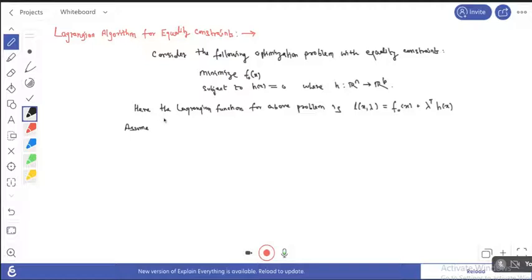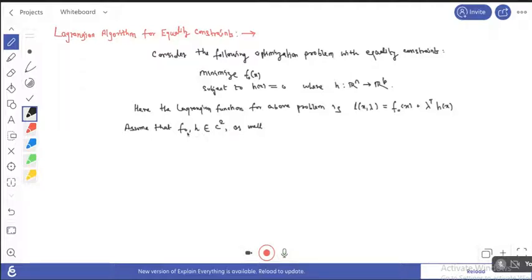Okay, so we assume that the objective function and all equality constraints are elements of C2, because in second order differentiability we have the sufficient condition for this Lagrangian condition.